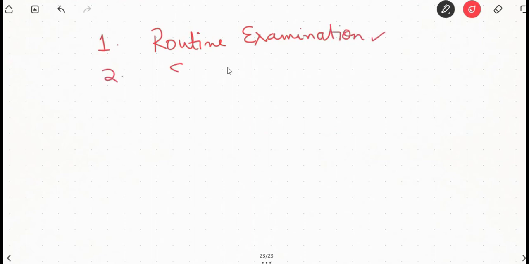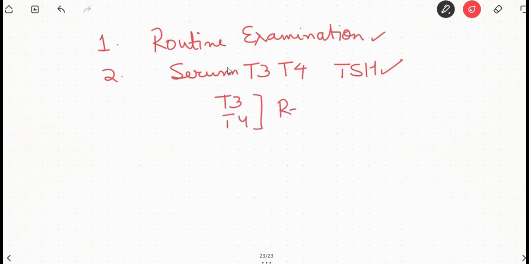Second, serum T3, T4, TSH are measured. The T3, T4 levels are raised, whereas TSH levels are low.